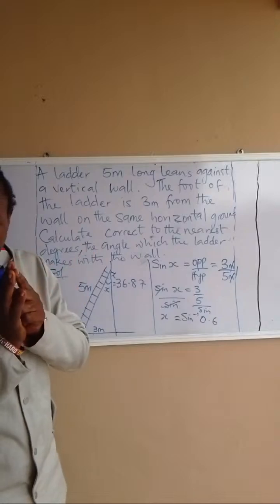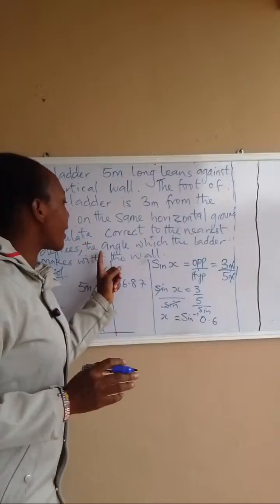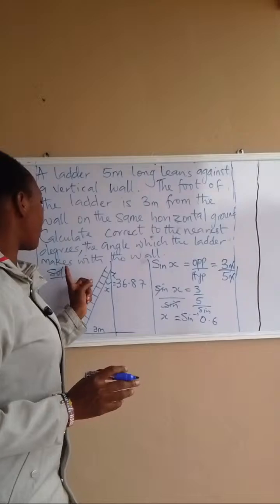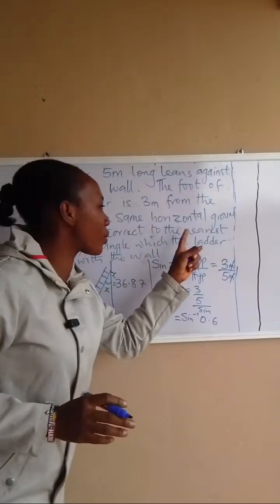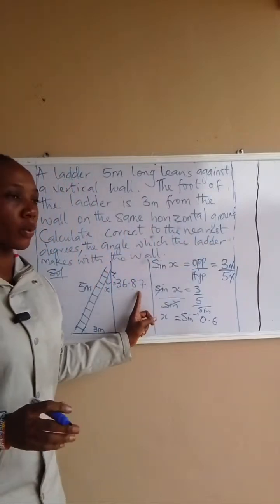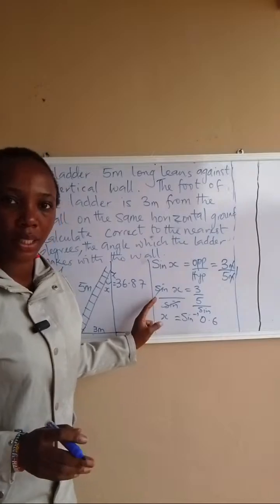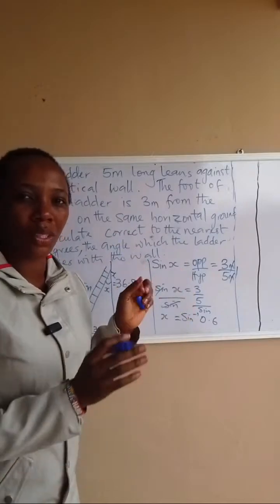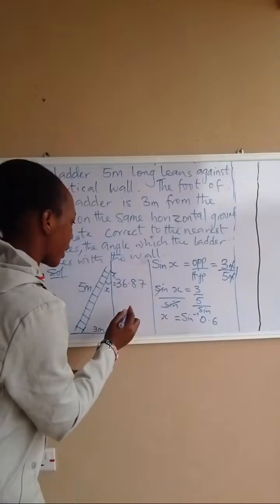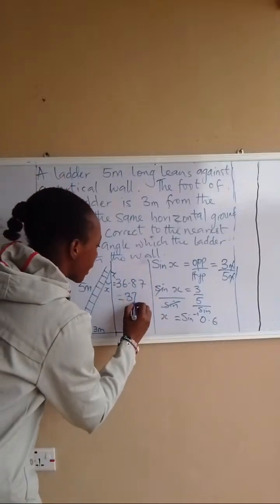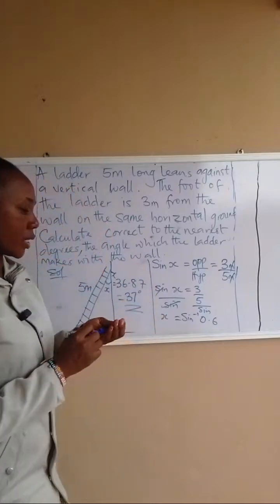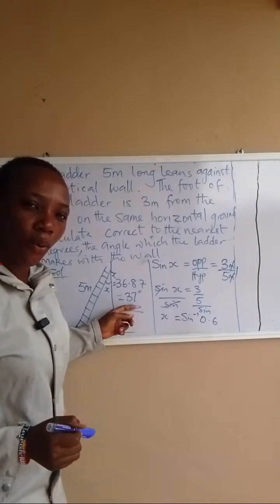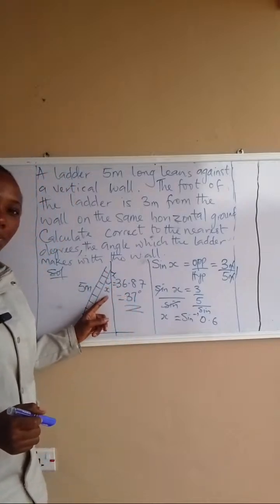But remember, we're asked to find the angle which the ladder makes with the wall correct to the nearest degree. So this decimal is unacceptable in this case. We are going to round it off to the nearest degree, and that will give us 37 degrees. So this is the value for our x angle.